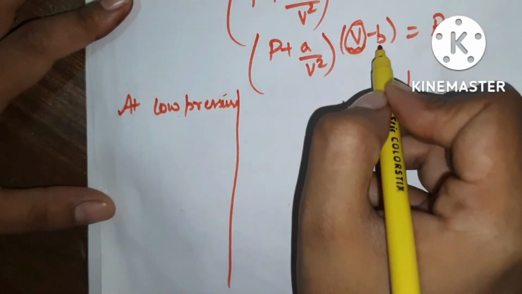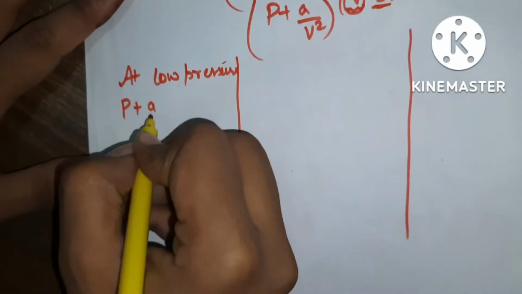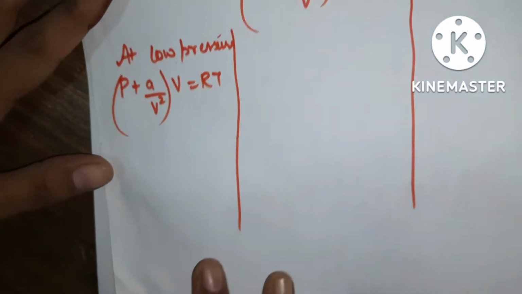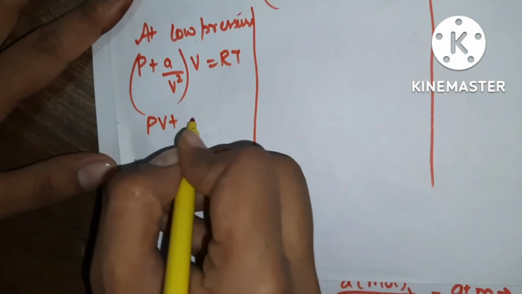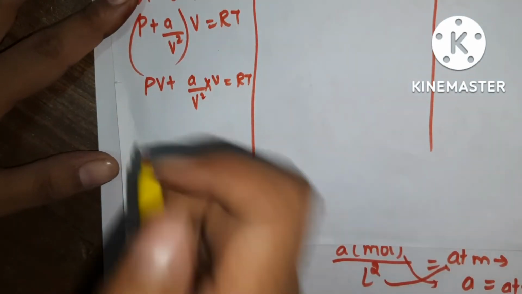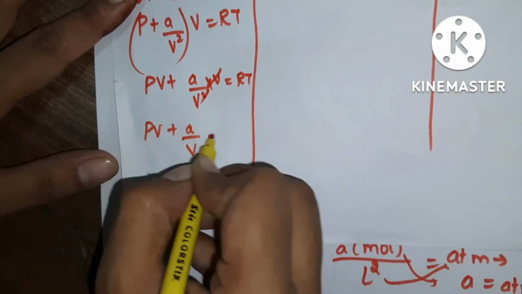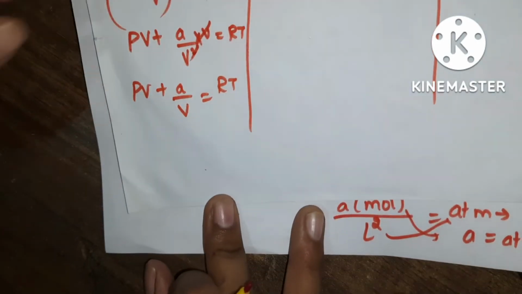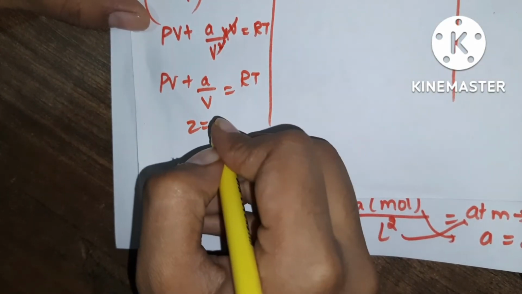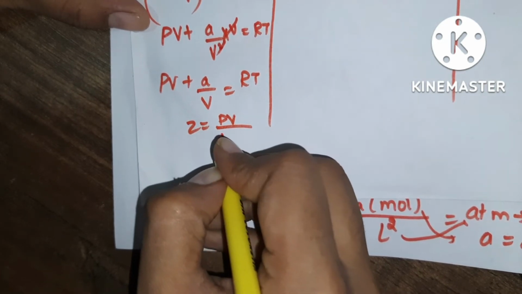So I can neglect b and I will have (P + a/V²)V = RT. V cancels with V squared, so PV + a/V = RT. What is Z? Z is the compressibility factor, equal to PV divided by RT.